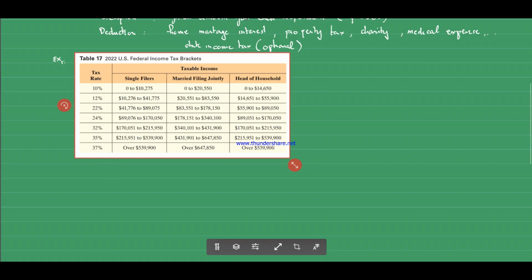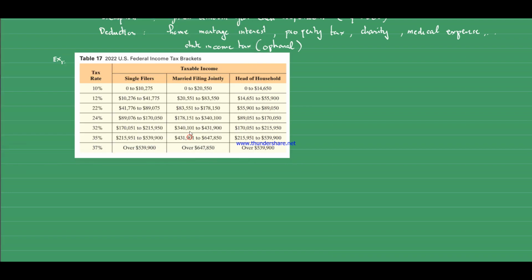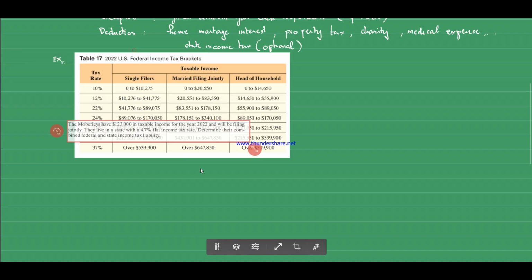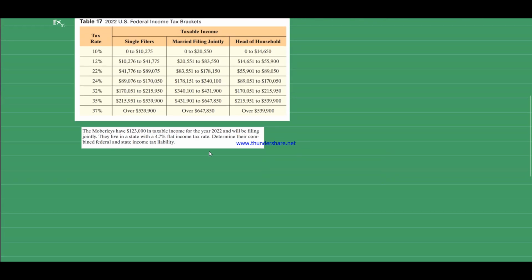All right, this is the question, so let's read it. The monthly salary gives 123,000 as the taxable income for year 2022. I'm going to be filing jointly.